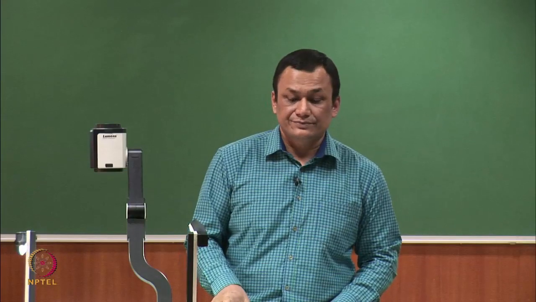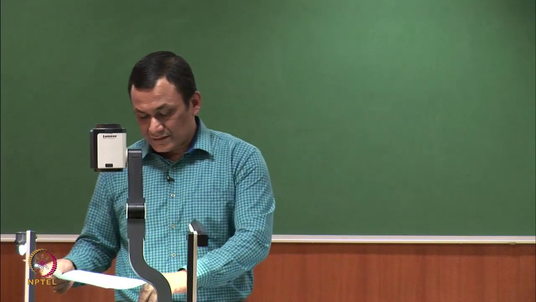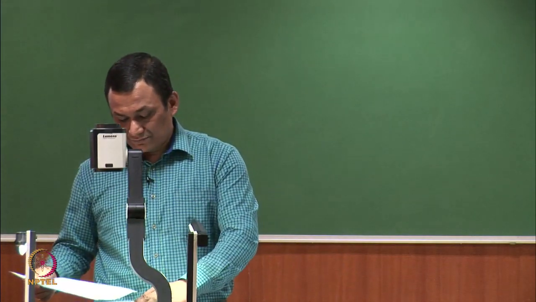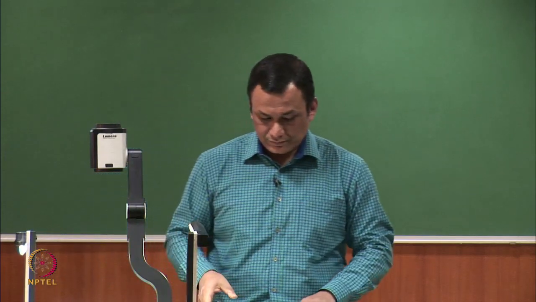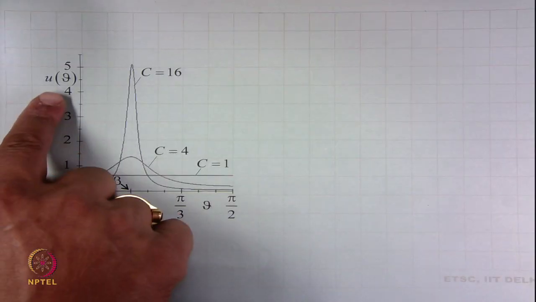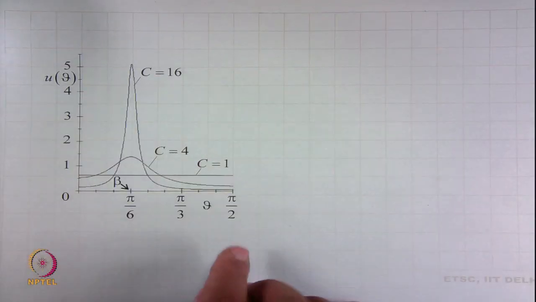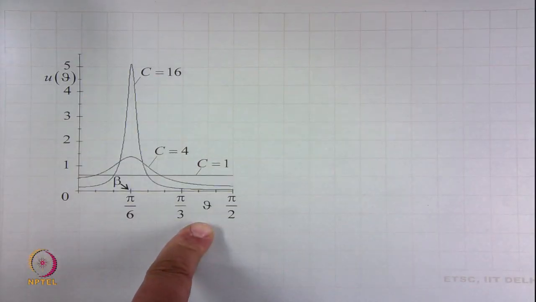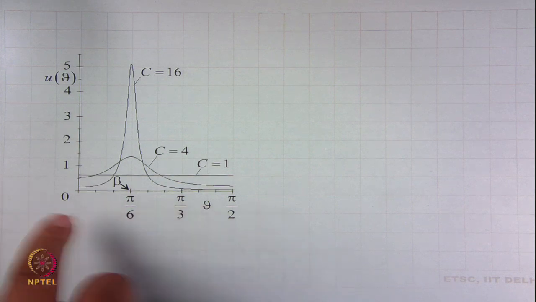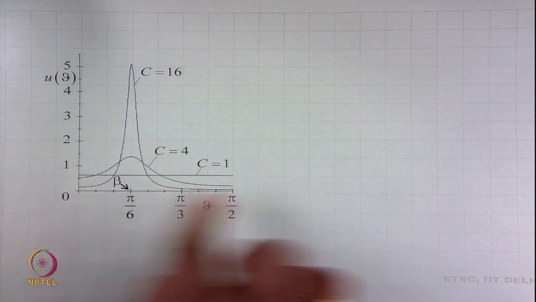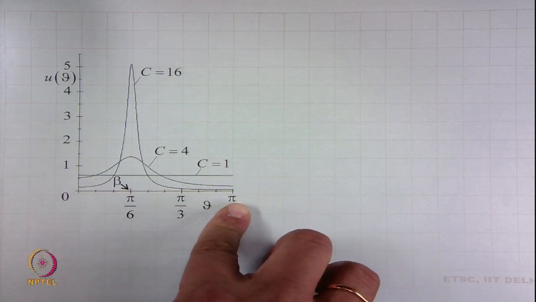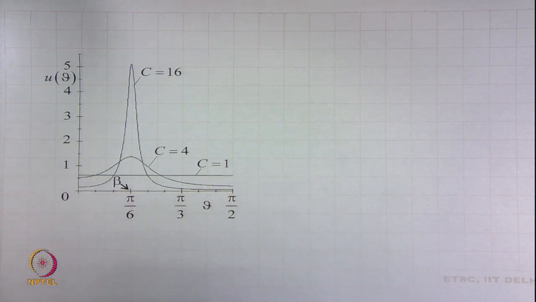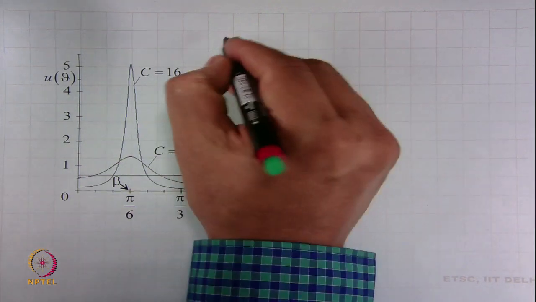Exactly the same we did to obtain this graph. U theta is along the y axis and theta is along the x axis. We start from 0 to pi by 2.